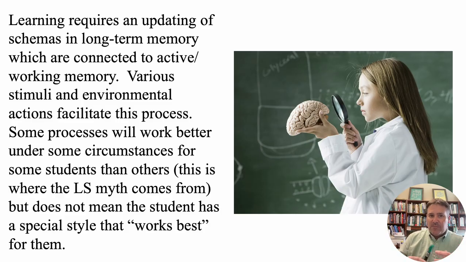We're always trying to update these schemas in long-term memory, which are connected to our active working memory capacity that we get through our major inputs. And if you were at my keynote where I talked about cognitive load theory, you've got a little bit more insight on this. So various stimuli and environmental actions facilitate how we access information in our inputs and working memory, and then make connections to hopefully update long-term schemas, which is what learning is.